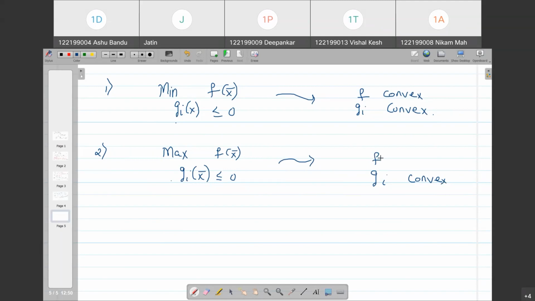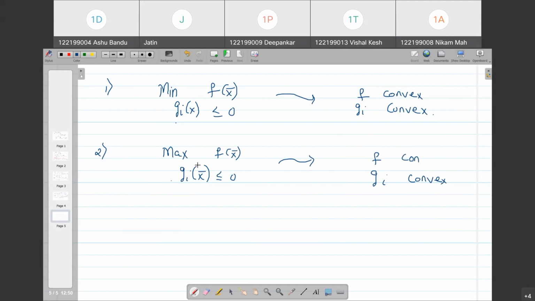If f is convex, what can you say about minus f? Is it convex or concave? You need to brush up on these things, okay? If f is convex, then minus f is always concave.